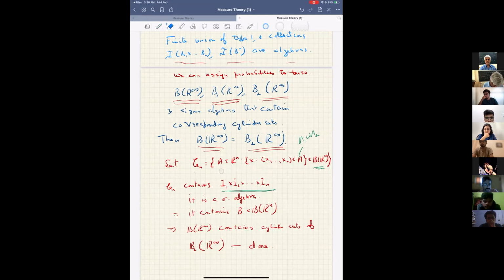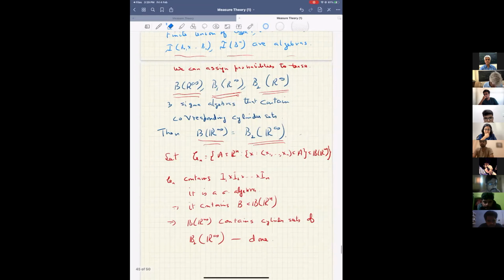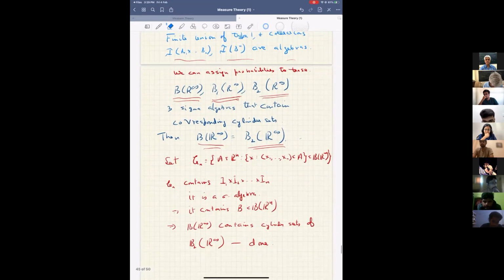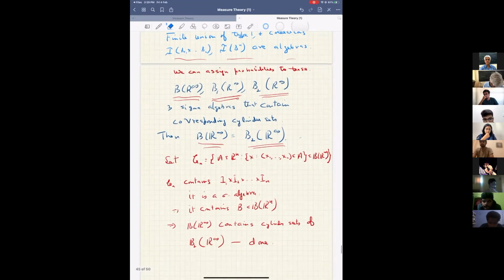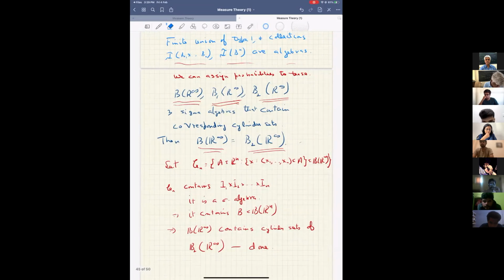You can look at this at a slow pace. So it's a sigma algebra, and it contains all these rectangles. So it certainly contains B belonging to B of Rn.